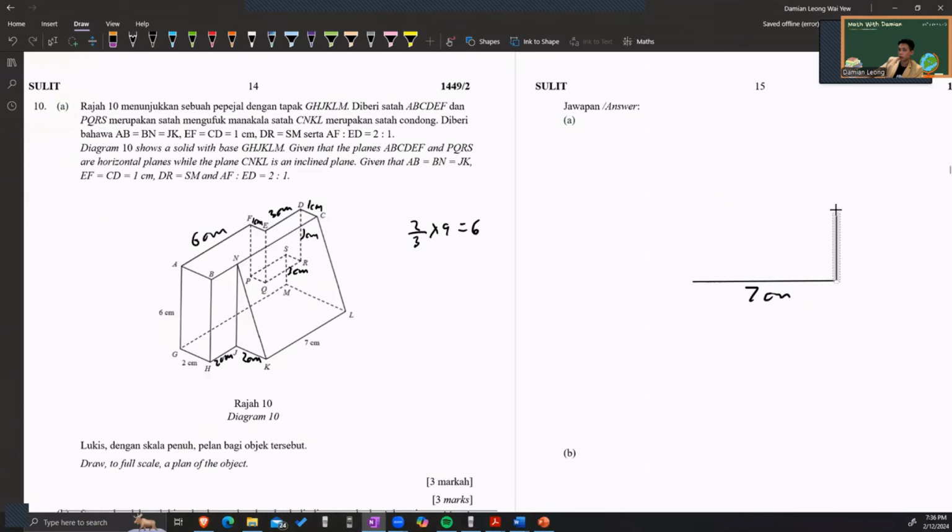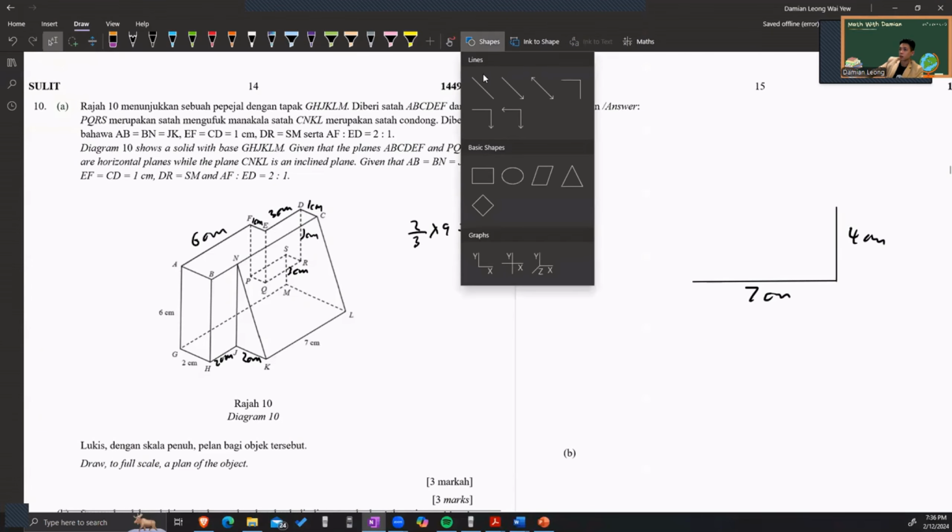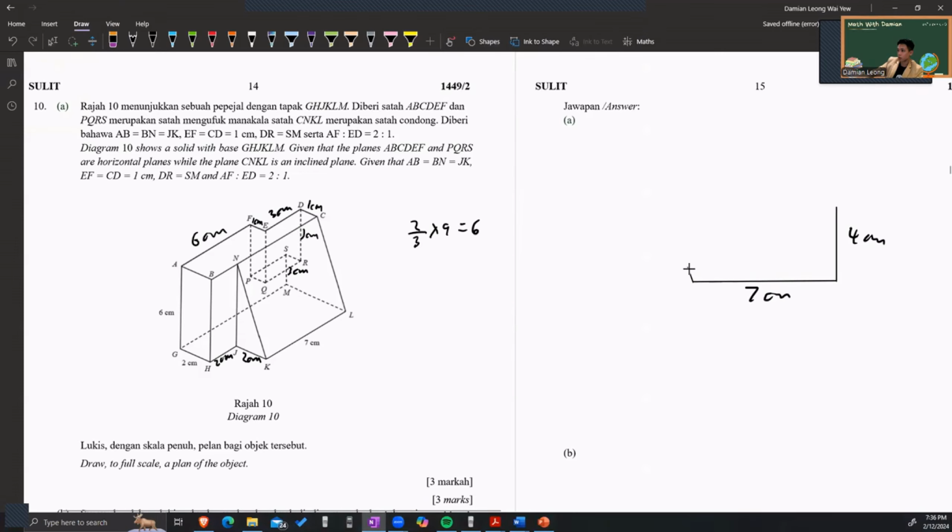Then here, 2 cm, 2 cm, we just draw all the way 4 cm. Then here goes up 2 cm. Then horizontally, go to the left, 2 cm.